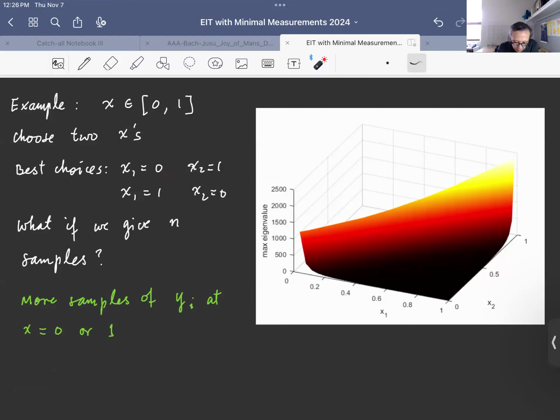There are two possible best choices. So you get the best estimate of the slope and the intercept using these choices.